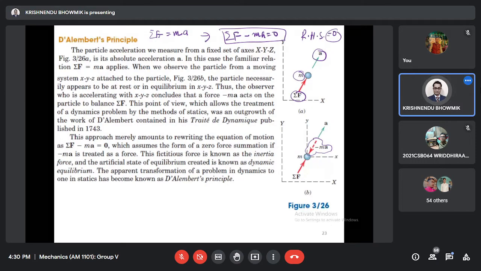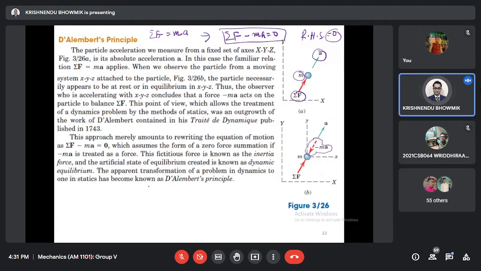Minus ma may be considered as a force of the same magnitude as ma but in the opposite direction of the motion, and it is termed the inertia force or reversed effective force. He states that the system of forces acting on a body in motion is in dynamic equilibrium with the inertia force of the body acting opposite to the motion.